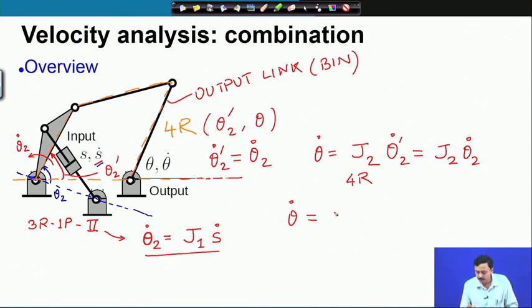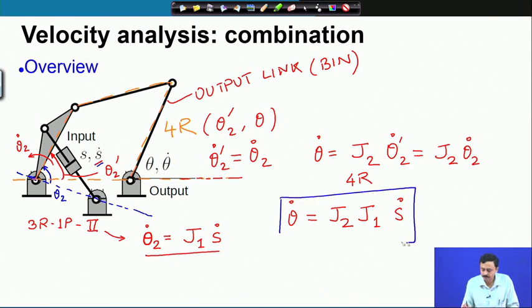So, theta dot therefore becomes J2 J1 into S dot. So, we have related the angular speed of the bin with the expansion rate of the prismatic actuator.